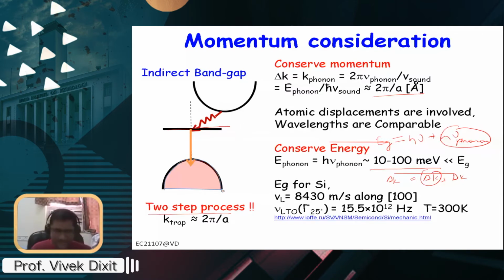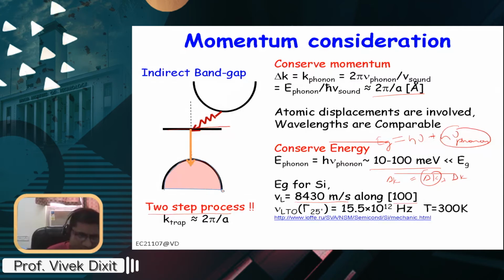Now let me tell you more about these phonons. They are basically lattice vibrations. For silicon along the 100 direction, the velocity is 8430 meters per second. Just like we have c equal to f lambda, similarly for phonons we have v equal to their frequency times wavelength, and that wavelength is of order the lattice constant.